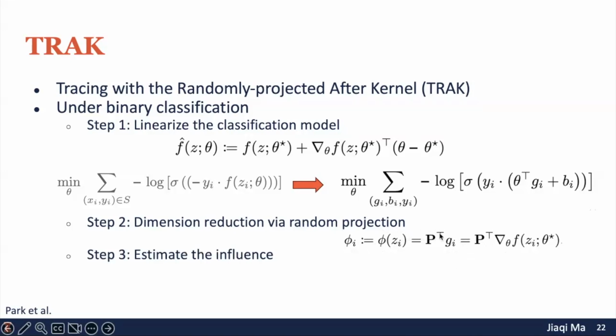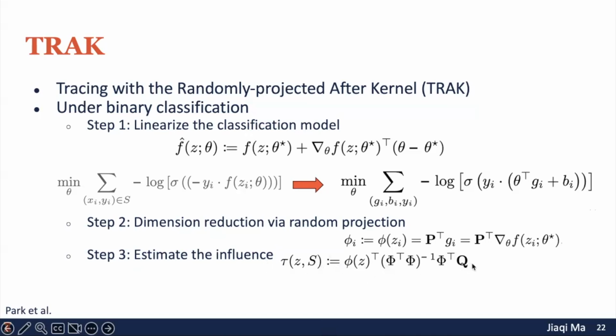Then in the third step, we apply a variant of influence function on this linearized and dimensionally reduced model to get the influence of all the training data points, forming a tau function.